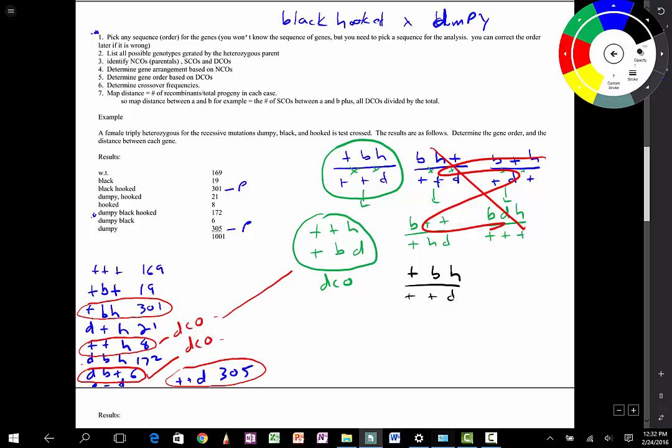So then we just have to figure out what our single crossover frequencies are, because we're doing mapping. In mapping, we just need to get number recombinants over the total.